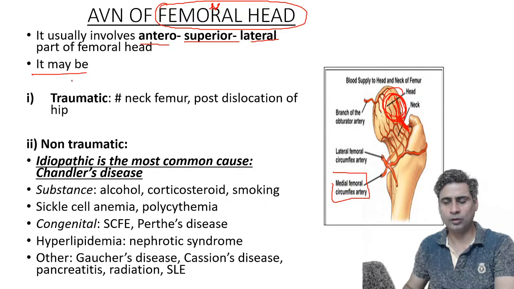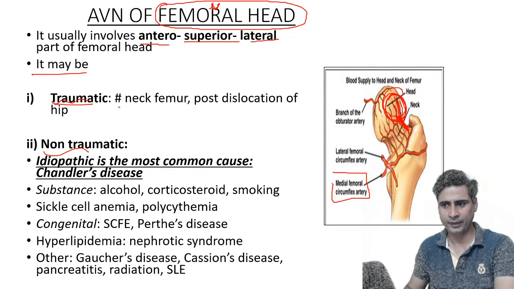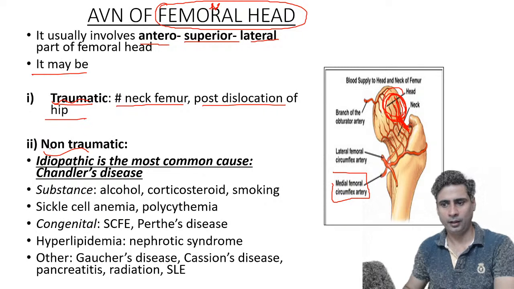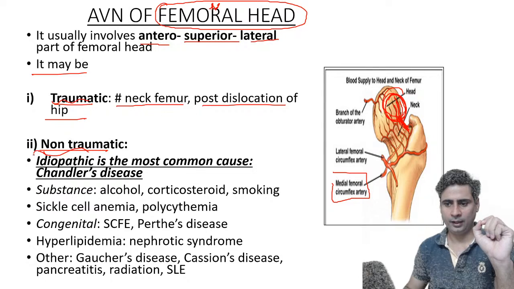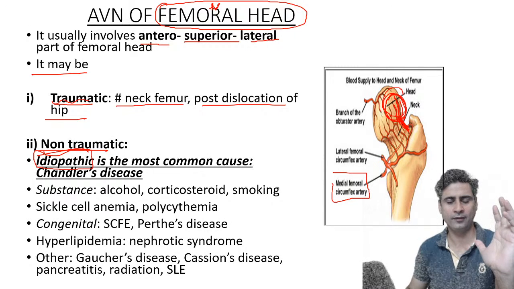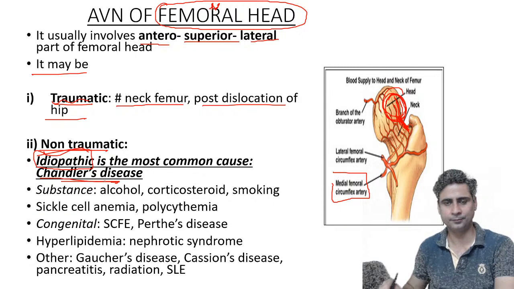Now the cause of avascular necrosis may be traumatic or non-traumatic. In traumatic causes, as we just mentioned in the last slide, fracture neck femur and posterior dislocation of hip. In non-traumatic cases, idiopathic, where you cannot find any specific cause, is the most common cause overall for avascular necrosis of the femoral head, also known as Chandler's disease.